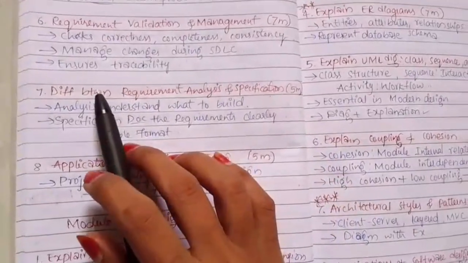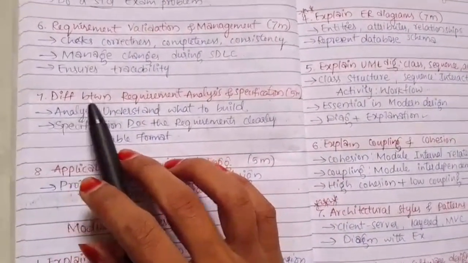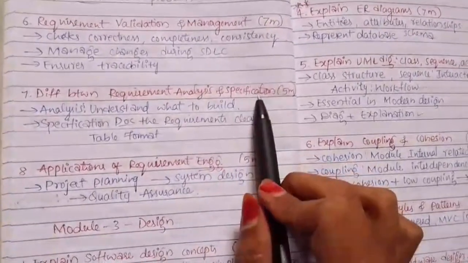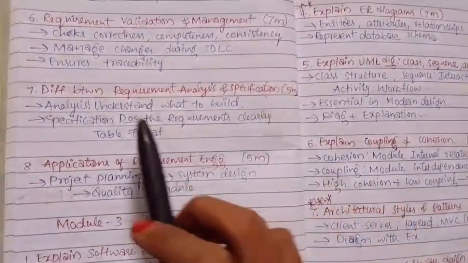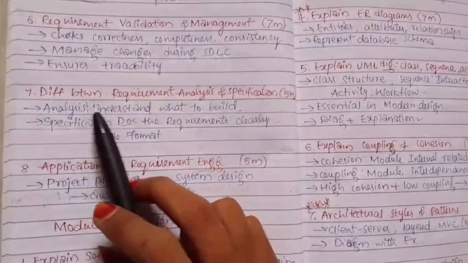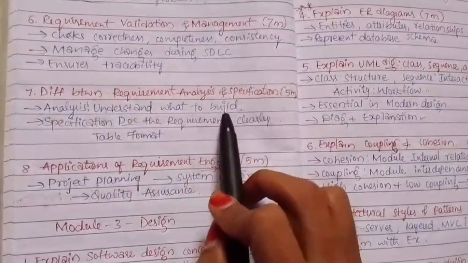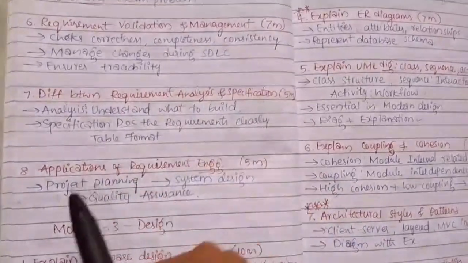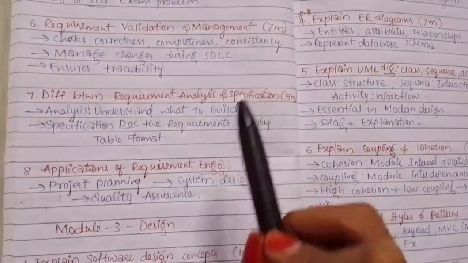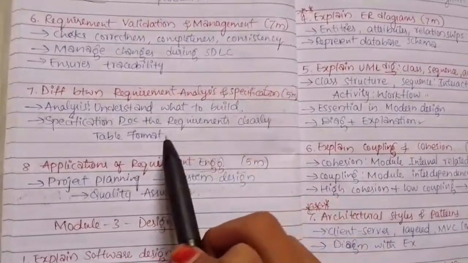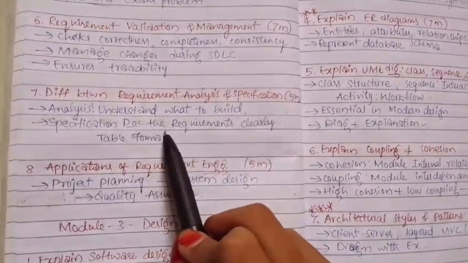And the seventh question in module 2 is the difference between requirement analysis and specification, which is asked for 5 marks. Requirement analysis means understanding what to build. Requirement specification means documenting the requirements clearly, how to document the requirements.